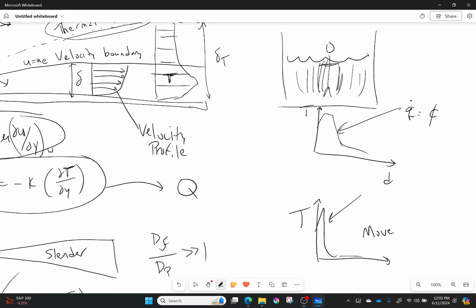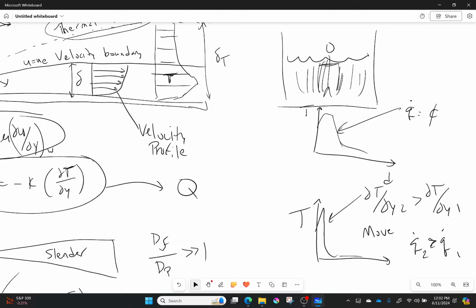And since my del T del Y is now much higher, call this 2, that means my heat transfer rate 2 is going to be more than my heat transfer rate 1. And so you feel cold.